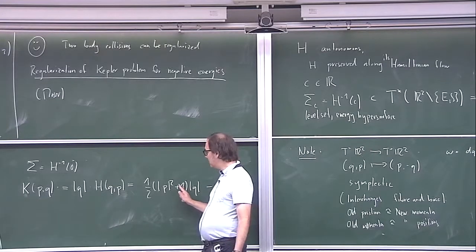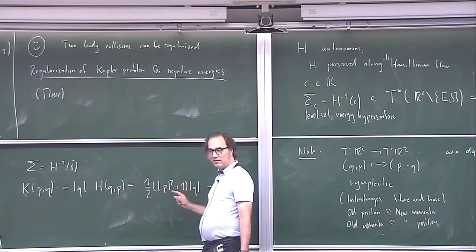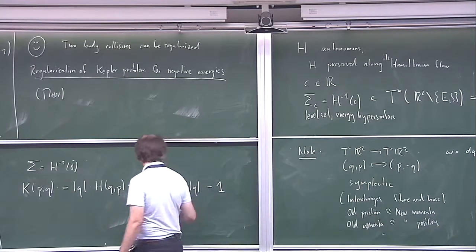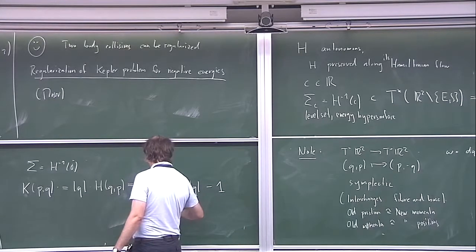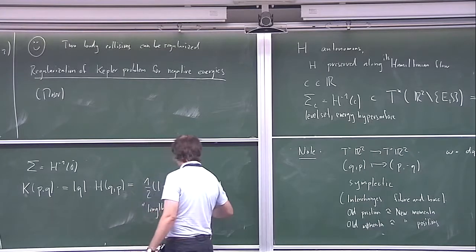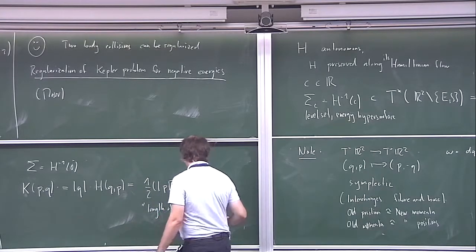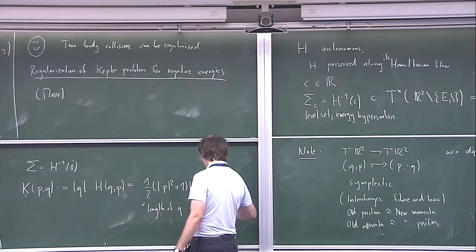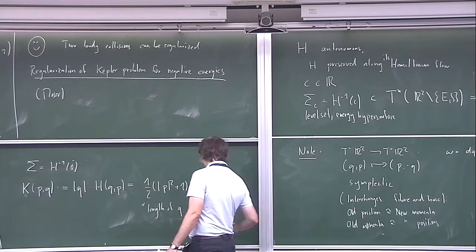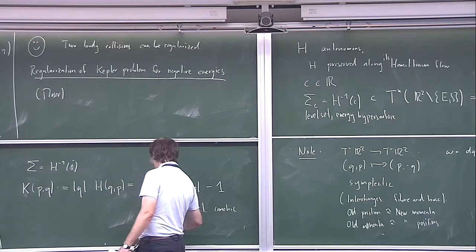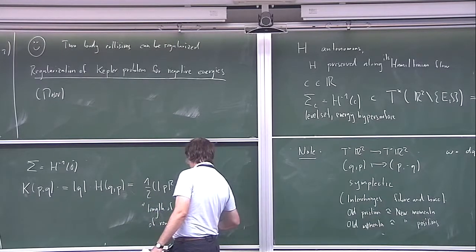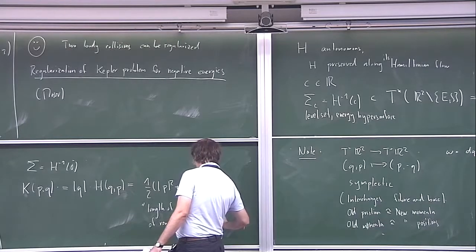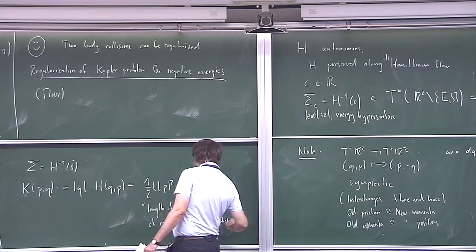So this is the cometric of the round S2 in stereographic projection. So this here is the length of Q with respect to the cometric of round S2 via stereographic projection.